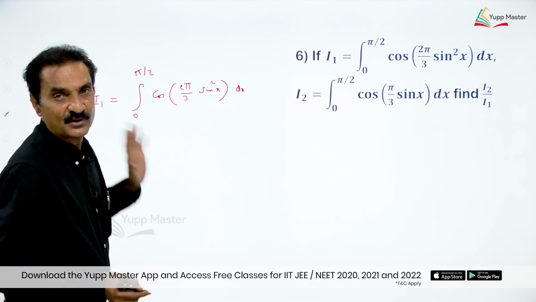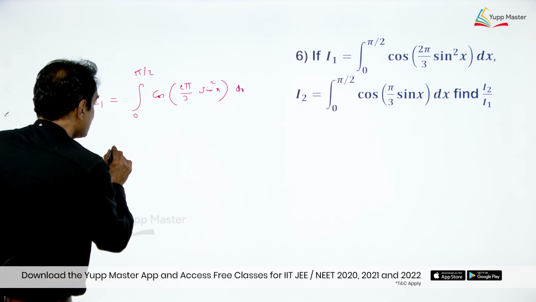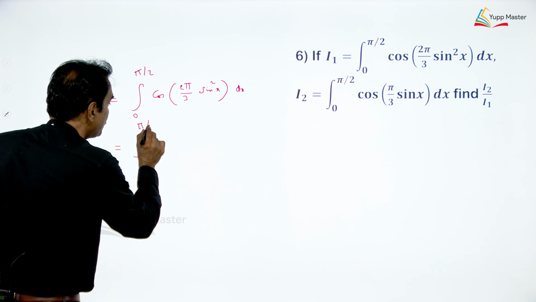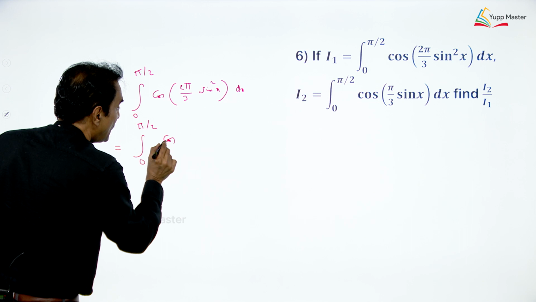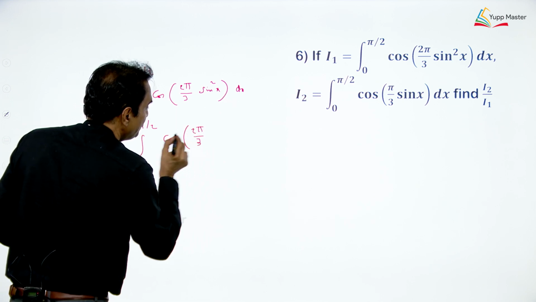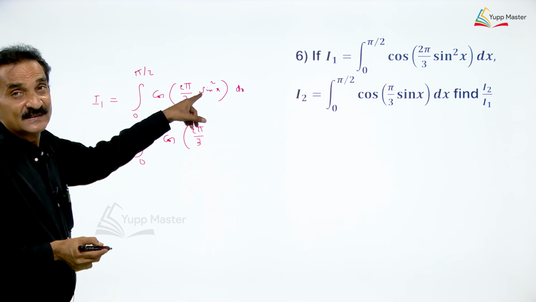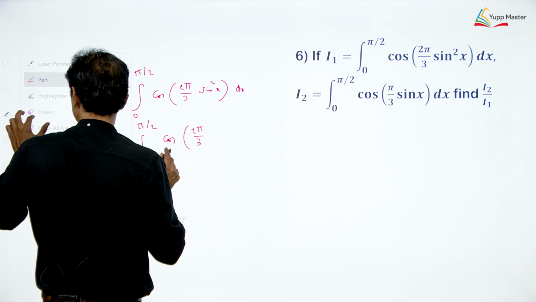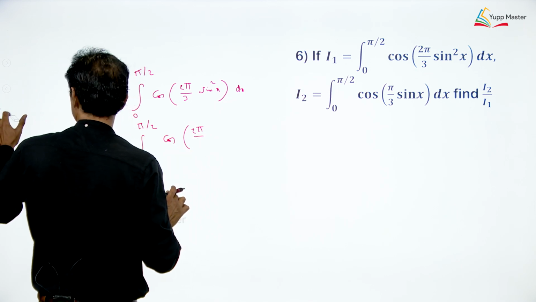So, immediately you should try that property. What happens? Integral 0 to pi by 2 cos of 2 pi by 3 into sin square of pi by 2 minus x becomes cos square x.